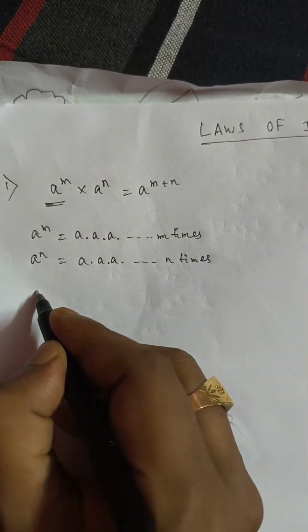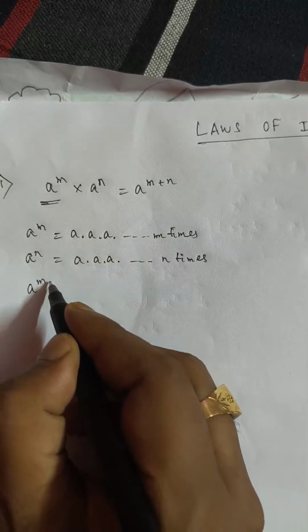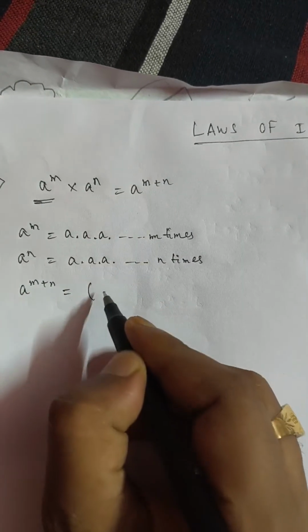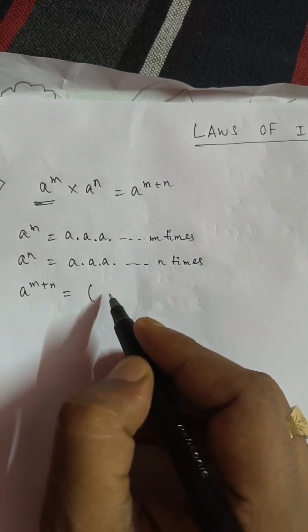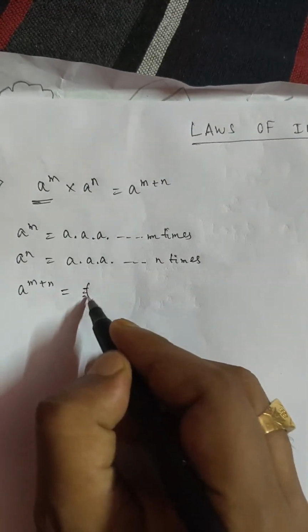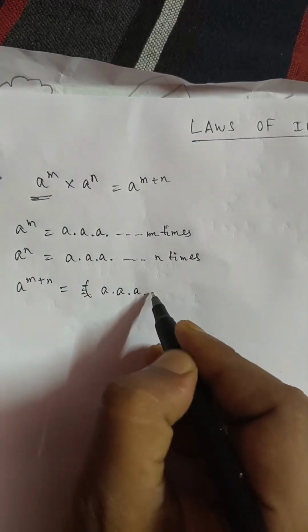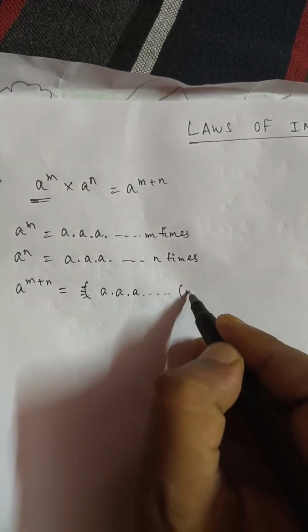So a to the power m plus n is equal to, sorry, it is a multiplied m plus n times.